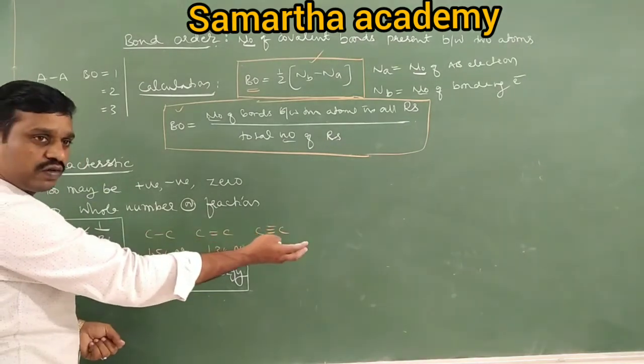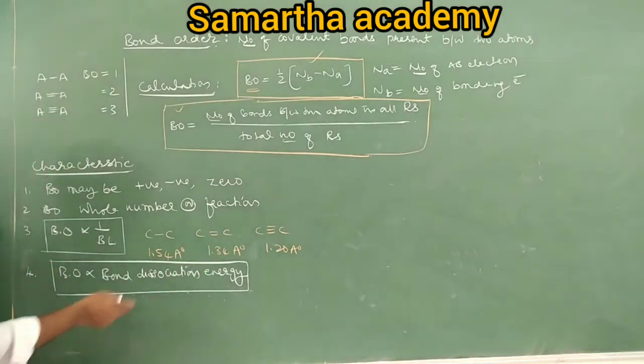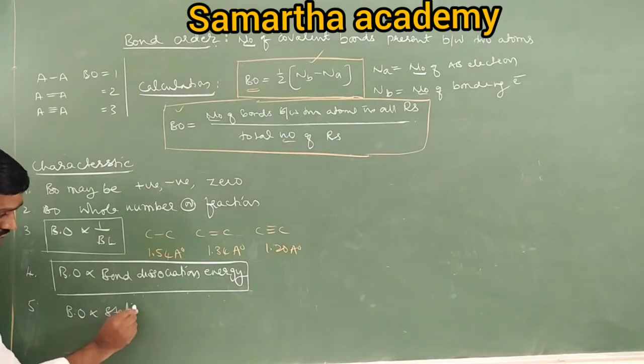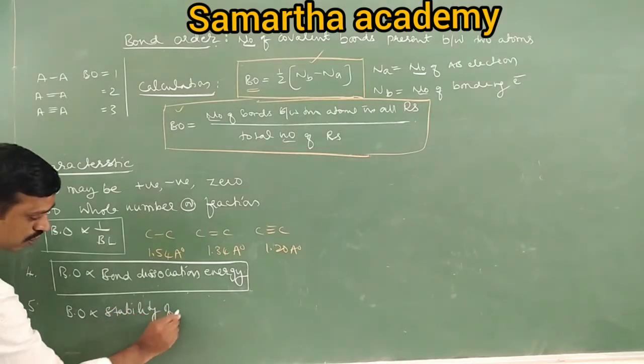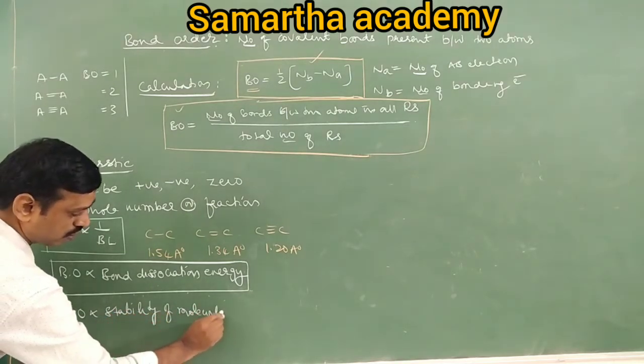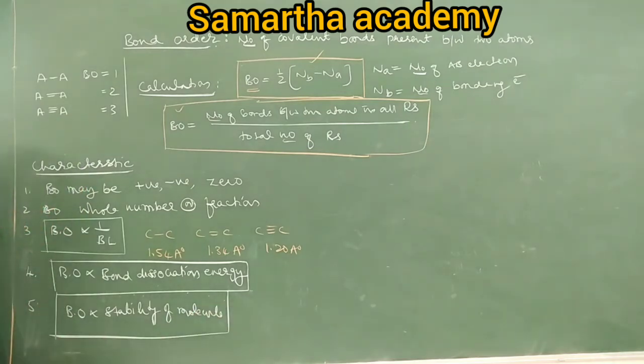Triple bond, right? Next, as the number of bonds increases, the stability of the molecule also increases. So, fifth one, bond order is directly proportional to stability of the molecule. As the bond order increases, the stability of the molecule increases.